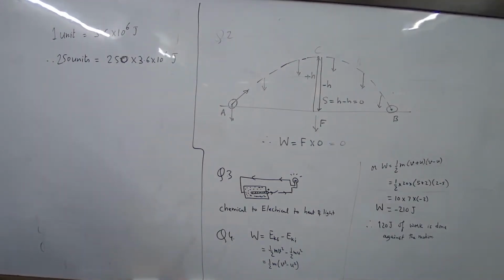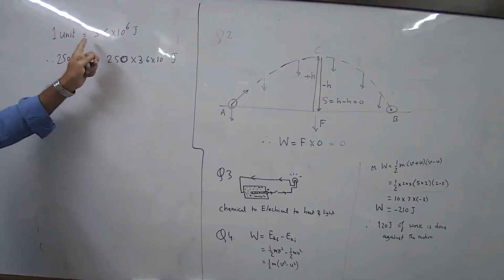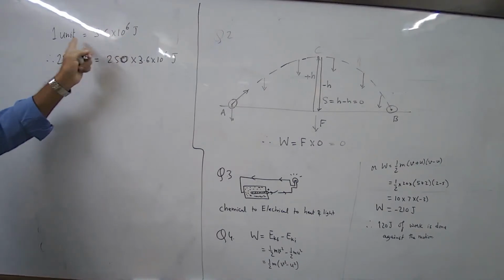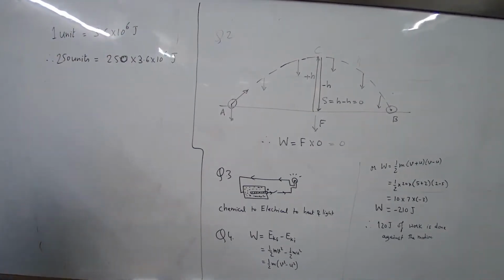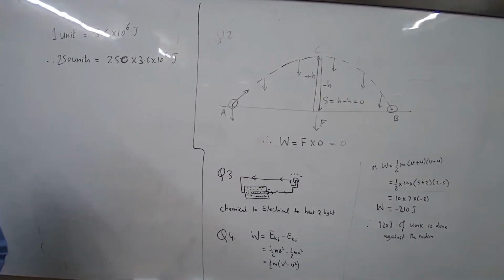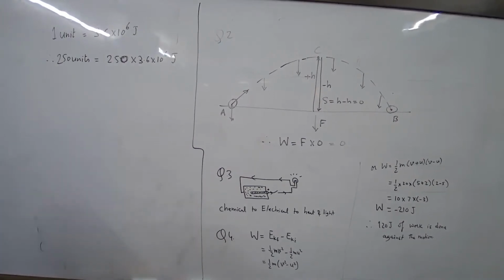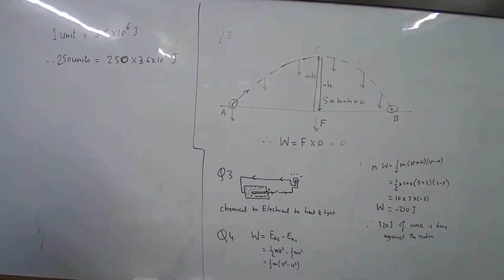Okay, now I think nobody should mind. In 250 units, what will it be? In one unit it was 3.6, so in 250 what will it be? 250 times this. Okay, so find out how much that is. And then we'll do the next one.